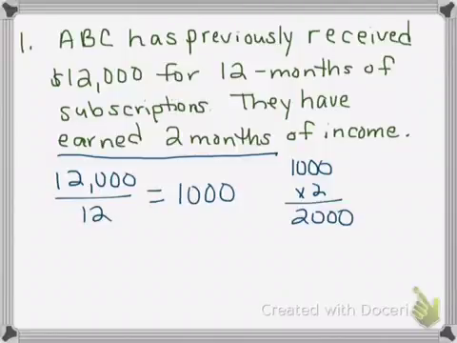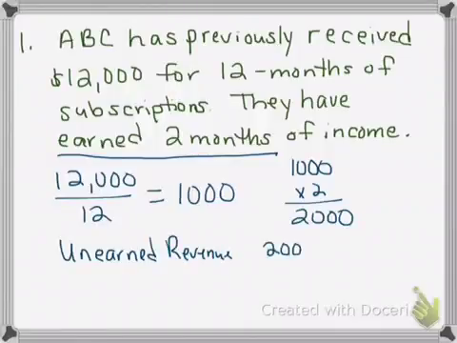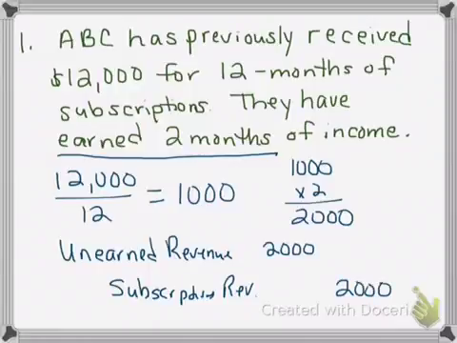So we would have an unearned revenue account, and this would be our debit for $2,000, and our credit account could be service revenue, or it could be subscriptions revenue for the $2,000. Now, when we look at adjusting entries, we will have one account that will come from the balance sheet. We will have one account that will come from the income statement.